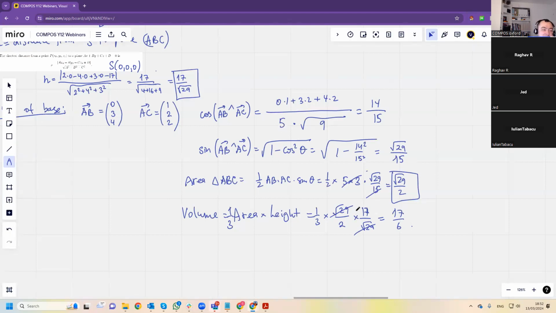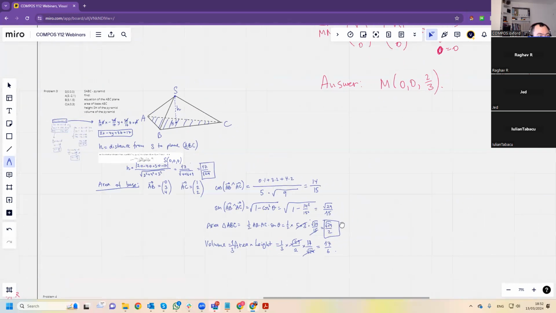Now stuff gets more interesting. First of all, there is such a thing in maths known as the mixed product.